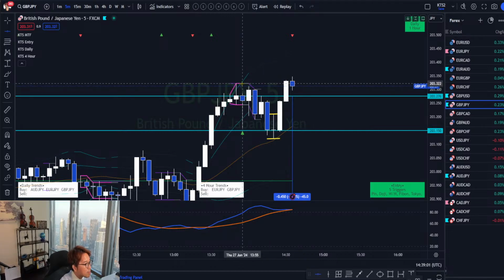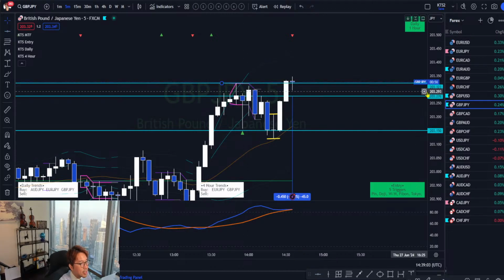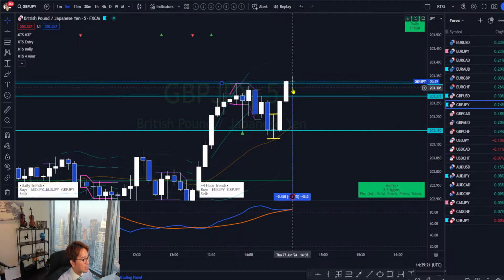The previous pin bar resistance was 203.323, and the previous candlestick slightly broke it, but this may be a fake breakout. This is not really a clear breakout. So let's see how the current candlestick closes.